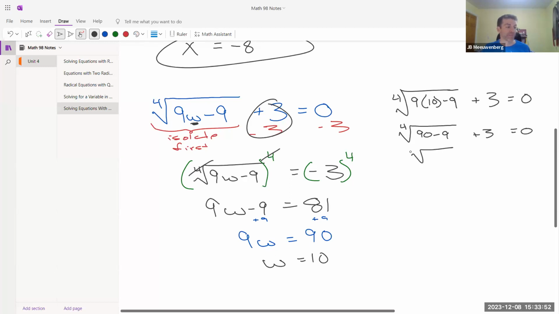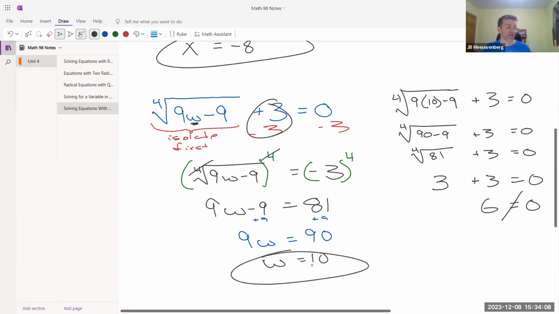We would do 90 minus 9 to get 81. We would take the fourth root of 81, which is 3, and then we would add 3 and say 6. And we see that 6 does not equal 0, which means there is no real number solution here.